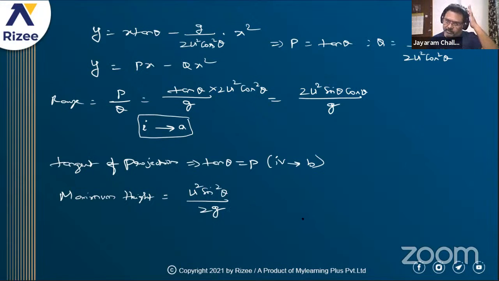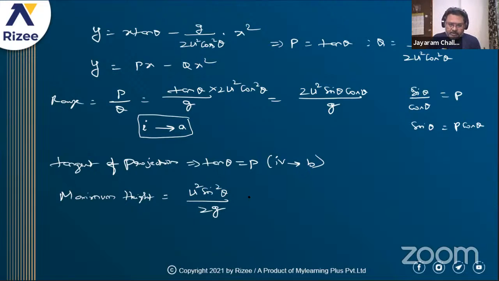So we have got tan theta is equal to this much. From this relationship, sine theta by cos theta is equal to p. From this one, sine theta is equal to p cos theta.